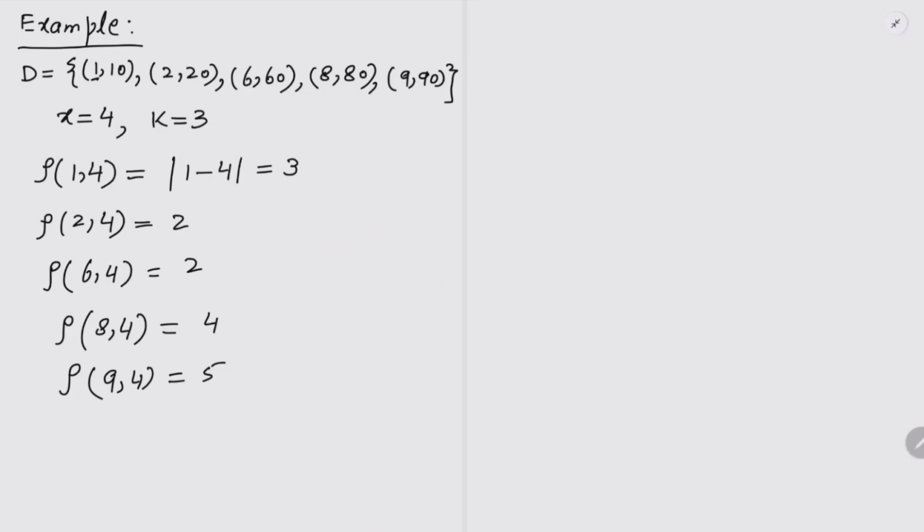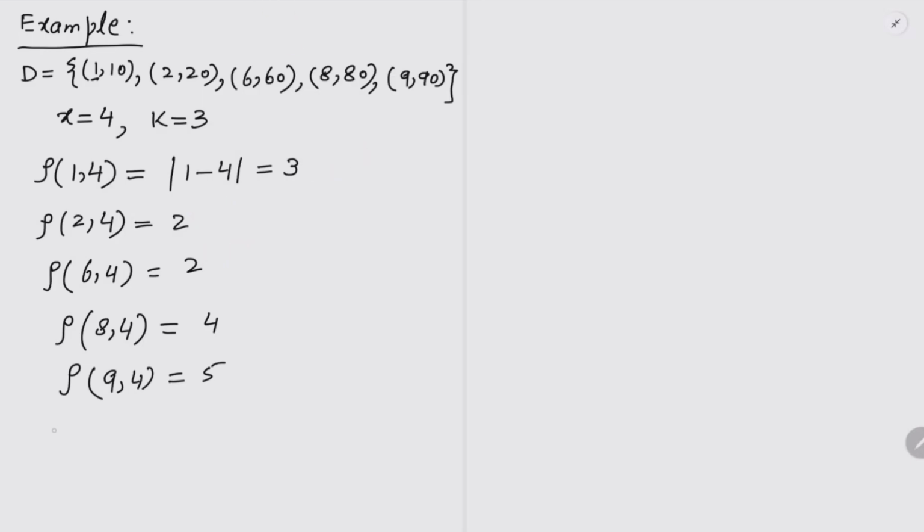Now it has been asked to use k equal to 3 neighbors. So the 3 nearest values are, for example, 2, 2, and 3. These are the smallest values.